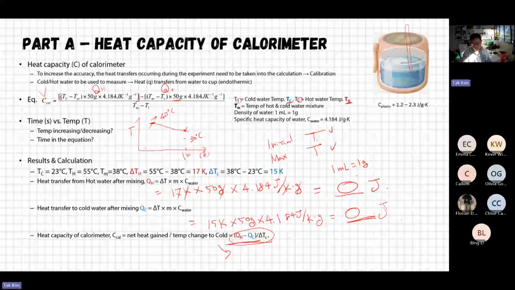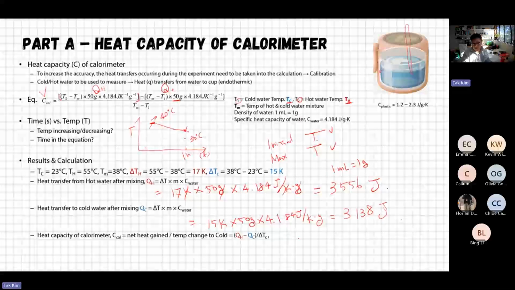So I have around 3,500 joules, and QC I have is 15 times 50 times 4.184. So I have around 3,200 joules. Since it is already calculated, we're going to plug these numbers into this equation.